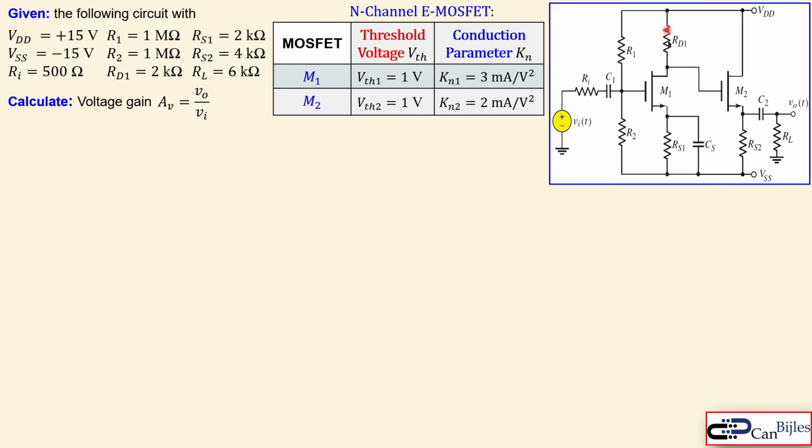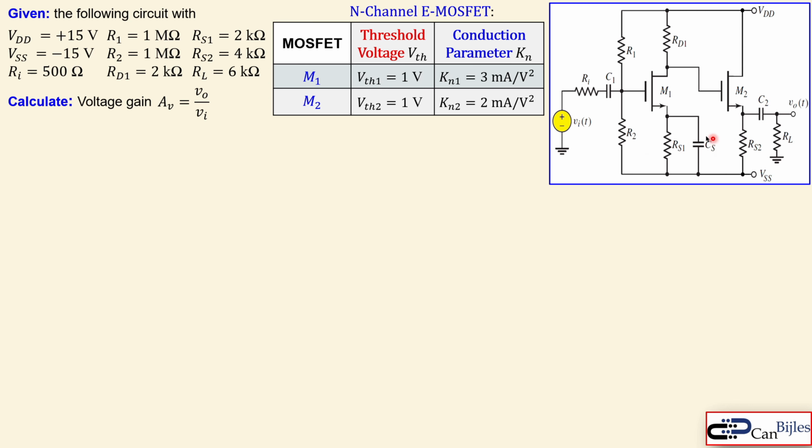We also have a couple of resistors. We also see that the input Vin, with its own output resistance Ri, is coupled to the complete circuit via C1, which is the coupling capacitor. And the load RL is also coupled to the circuit using the coupling capacitor C2.